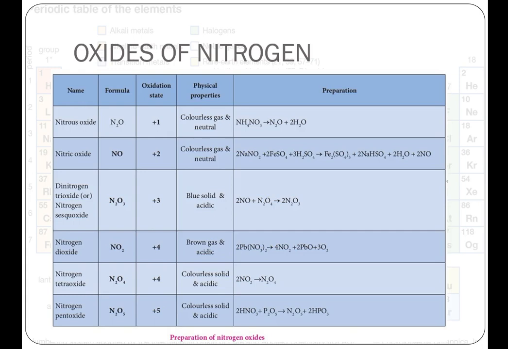Nitrogen tetroxide. Again the oxidation state is +4. It is a colorless solid and acidic. It is basically a dimer of NO2. Nitrogen pentoxide. Oxidation state is +5. Again it is colorless and acidic and is prepared by the action of nitric acid on phosphorus pentoxide.